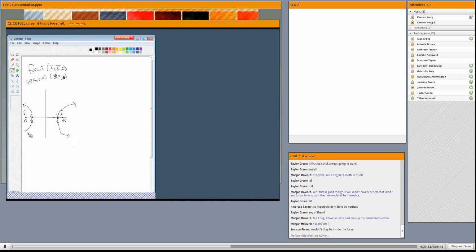All right, so we've got 4. Let's square that. So we get 4 plus b squared equals 5. So now we can subtract 4 from both sides.